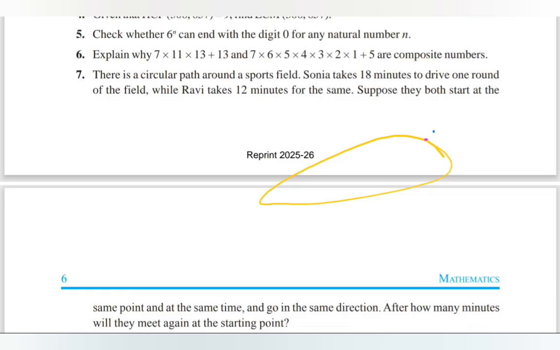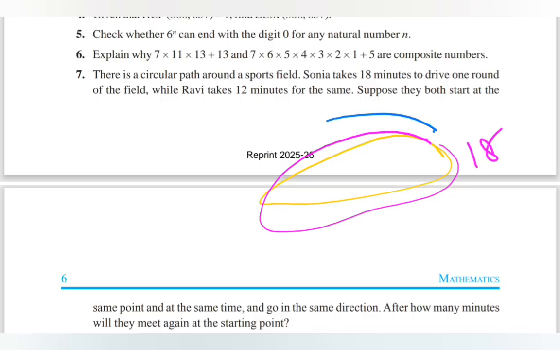If they both start running on the same circular path, if Sonia takes just 18 minutes to complete the track and Ravi takes 12 minutes to complete the track, in the same direction, after how many minutes will they meet again?